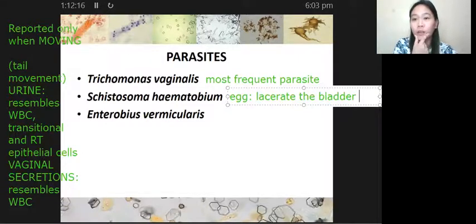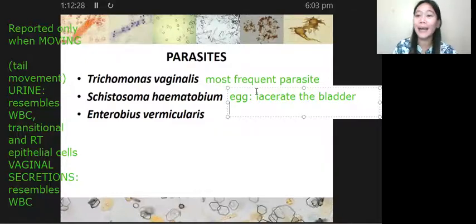So again, parasitology. Bakit kaya pwede niyang ilacerate yung bladder? Oh, perfect. So para sa mga gustong-gusto ng parasitology dyan, take note, 'di ba? Meron siyang spine. Tama?